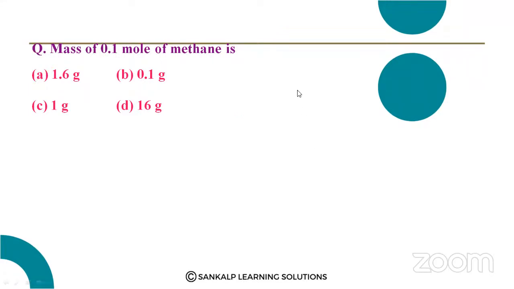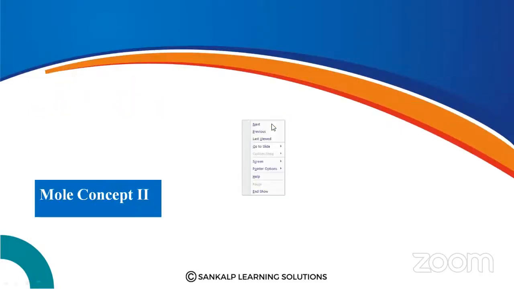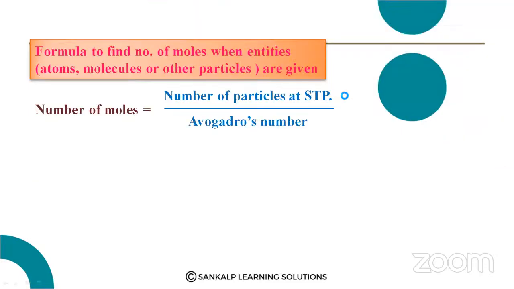So this is with respect to amount of substance. Next, we'll see when entities are given. The formula to find the number of moles when entities like atoms, molecules, or particles are given is the number of particles at STP divided by Avogadro's number.